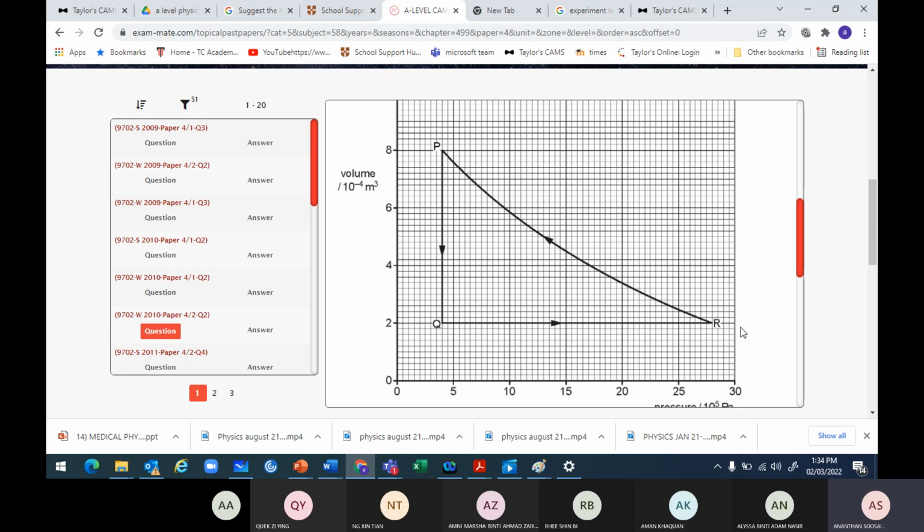The first row, you know 2 of them. The third one you can find by using the first law of thermodynamics. But there is one trap here. I don't know how many of you realize.